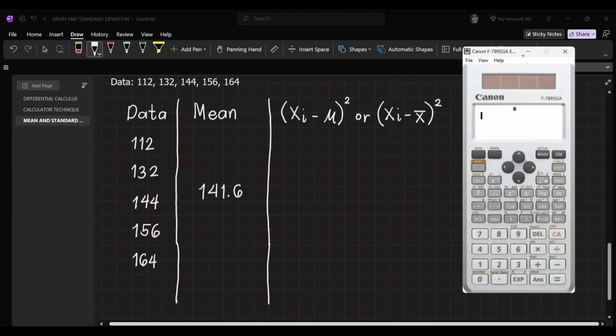And para makuha natin tong xi minus the mean, itong data natin minus the mean, tapos i-square lang natin siya. So, gawin natin 112 minus 141.6 squared. So, this is 876.16.